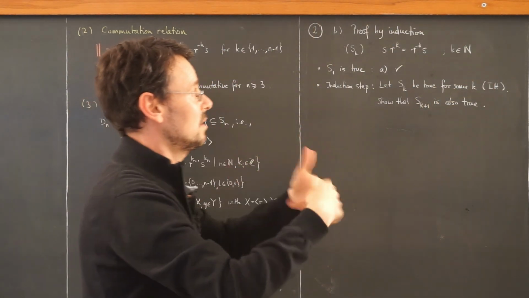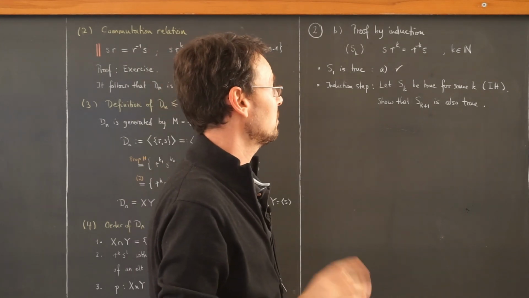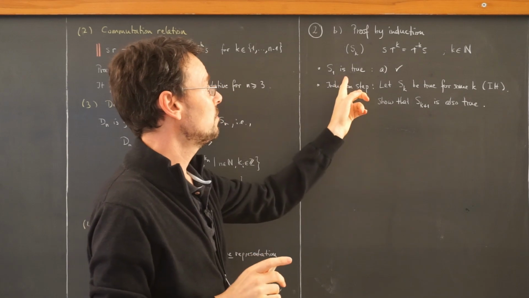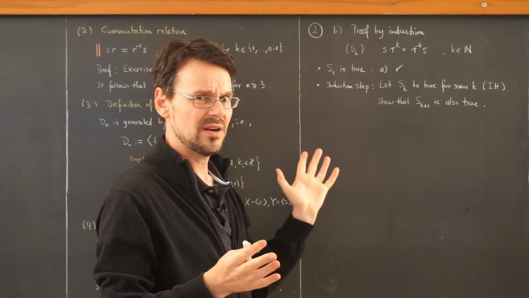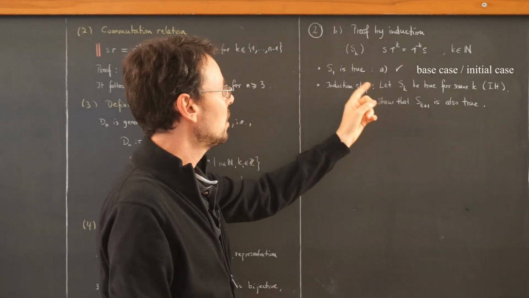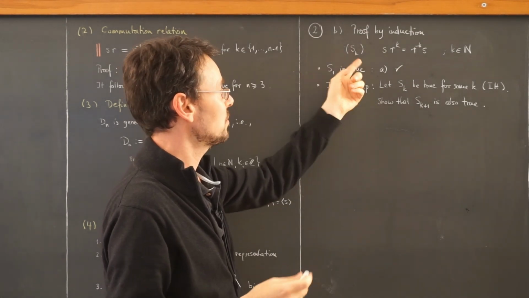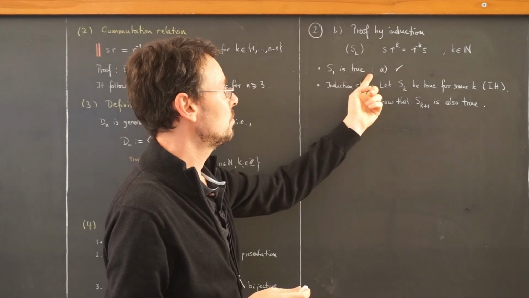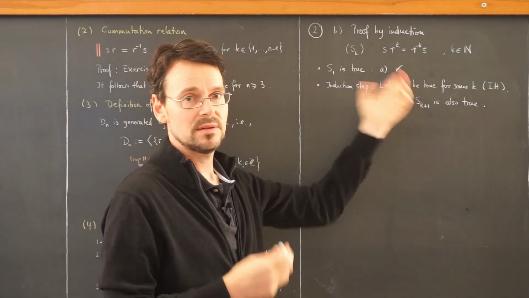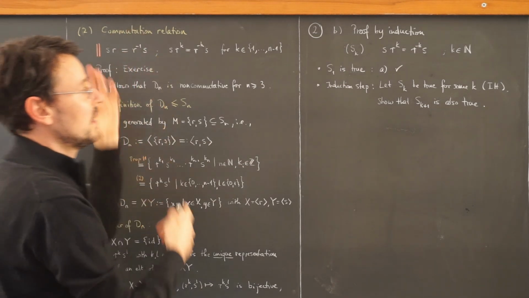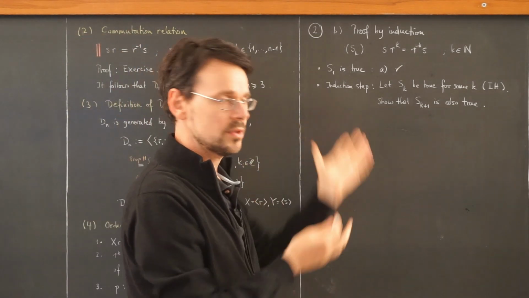And it doesn't matter that the powers repeat themselves. So, to do this, we first show the induction start, induction beginning, I don't know the correct English term. We show that S1, for statement 1, is true. But we just did that. This was part A. We proved this here, that for k equals 1, this is true. This was quite some work.